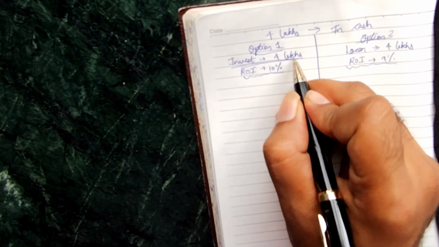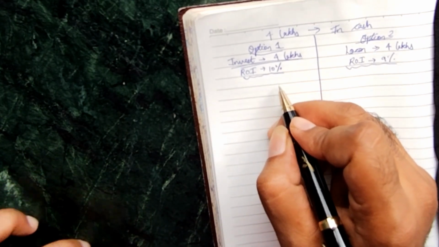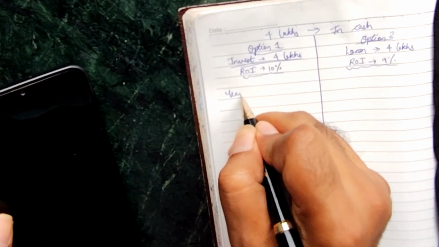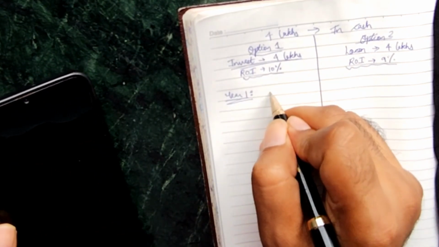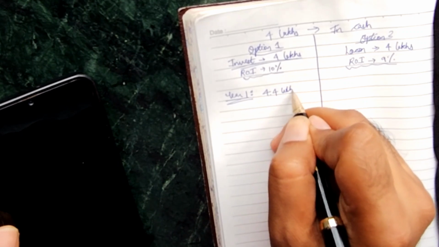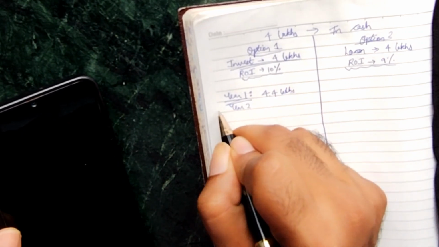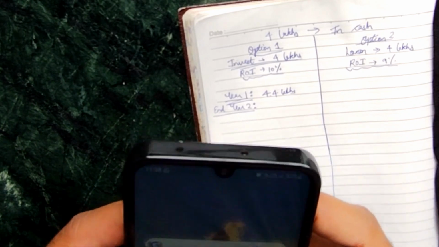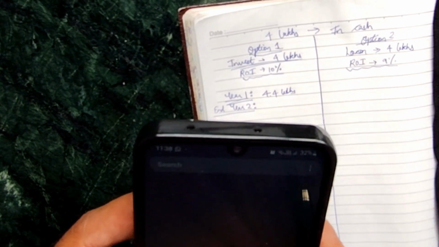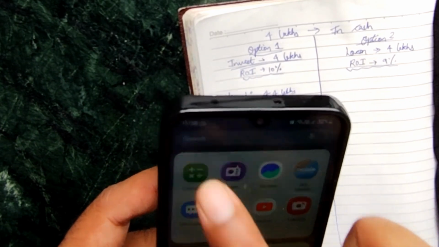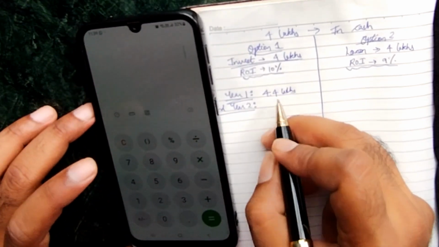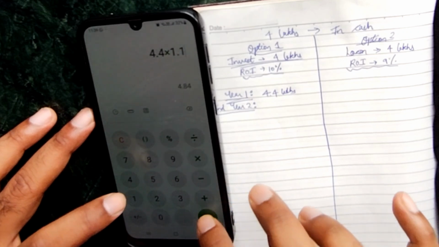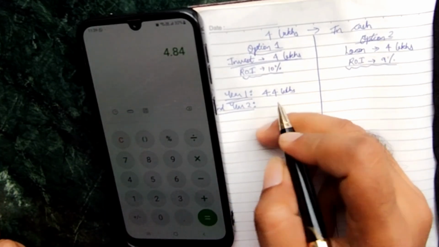With 4 lakhs of initial investment and a rate of interest of 10% compounded annually, at the end of year 1 he'll end up getting 4.4 lakhs. At the end of year 2, let's calculate with the help of a calculator, he'll not get 4.8 lakhs, he'll get 4.4 into 1.1 because now the principal becomes 4.4 lakhs.